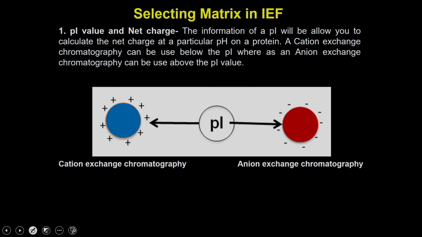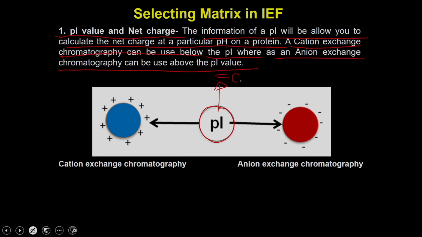And you can see how the PI is going to decide the net charge. The information of the isoelectric point will allow you to calculate the net charge on a protein at a particular pH. A cation exchange chromatography can be used below the PI, whereas an anion exchange chromatography can be used above the PI value, which means at the PI value the protein is going to have a net charge of 0.